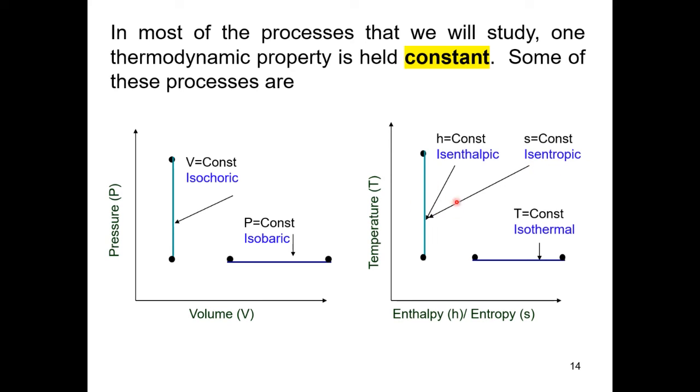It depends on the graph. Then if the temperature is constant, we call it isothermal. So in these processes a thermodynamic property is constant. This line can even be diagonal, but since one property is made constant, it will ease your calculation.